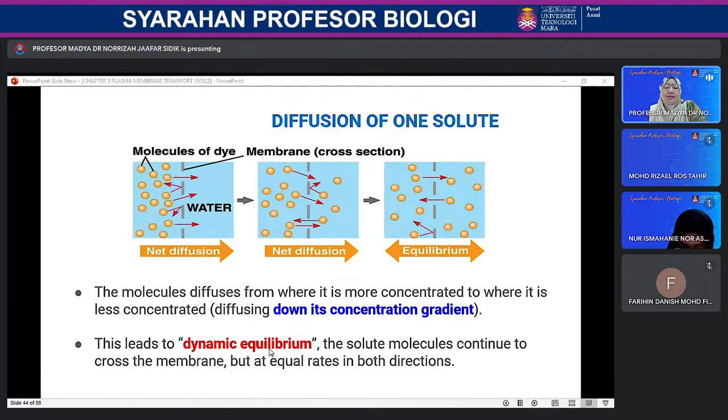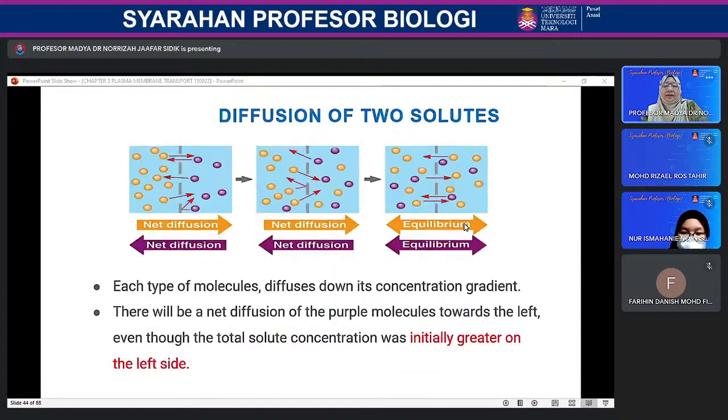So it leads to the dynamic equilibrium. The solute molecules continue to cross the membrane, but at equal rates in both directions.